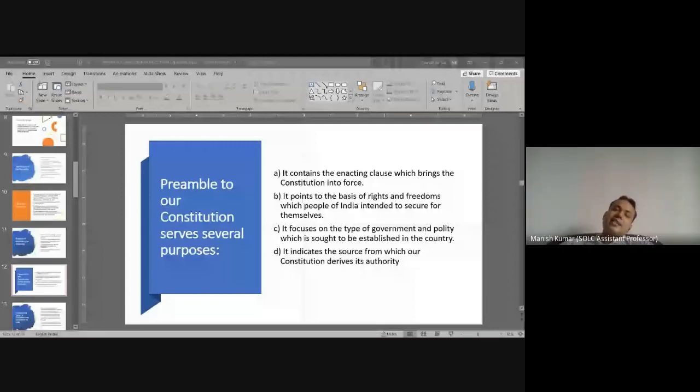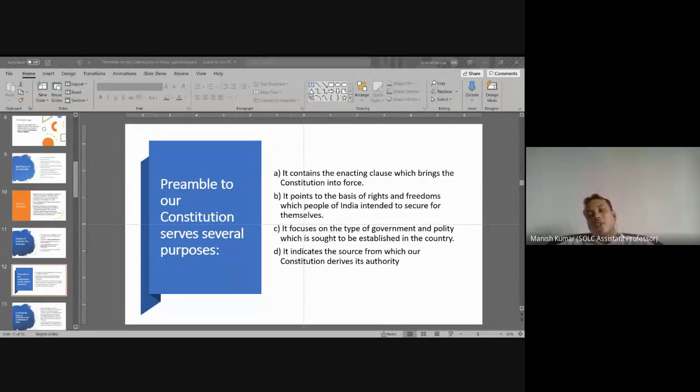Preamble indicates that the ultimate source of the validity of and the sanction behind the constitution is the will of the people. So the constitution is deriving its authority from where? We the people of India. It is the will of the people, from the common masses.